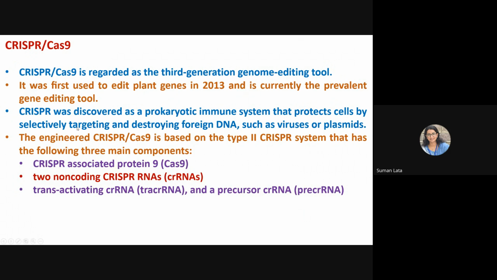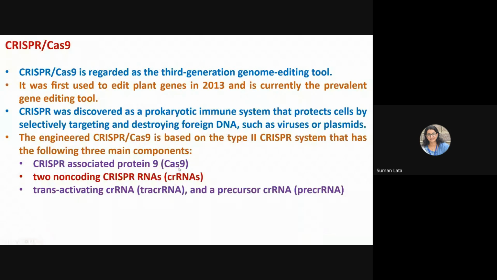CRISPR was discovered as a prokaryotic immune system present in bacteria that protects cells by selectively targeting and destroying foreign DNA such as viruses and plasmids. So when bacteria are infected by a virus, they are targeted using the CRISPR system. The engineered CRISPR-Cas9 system is based on the type 2 CRISPR system, which has three components.